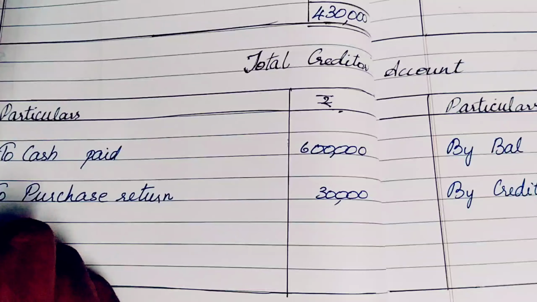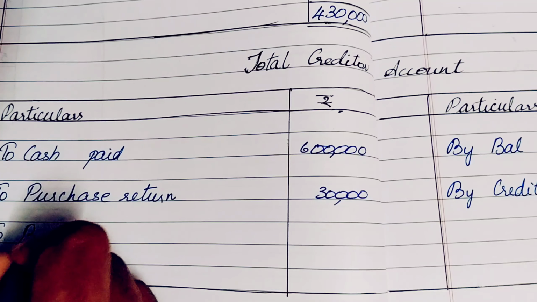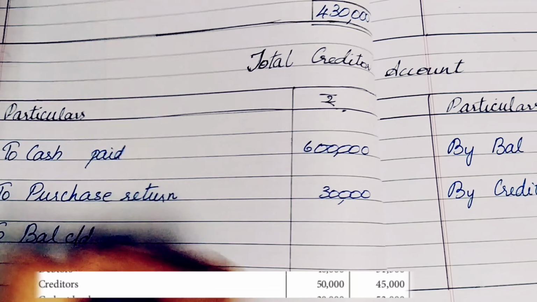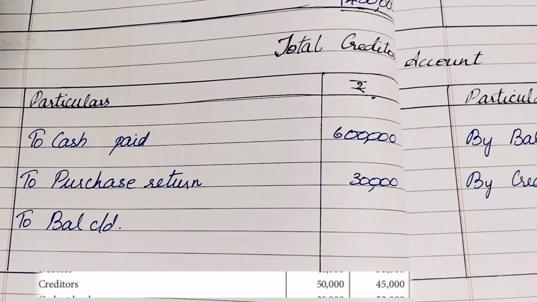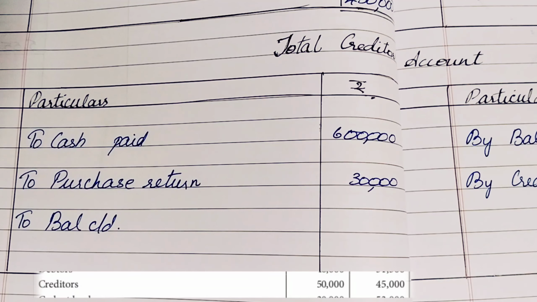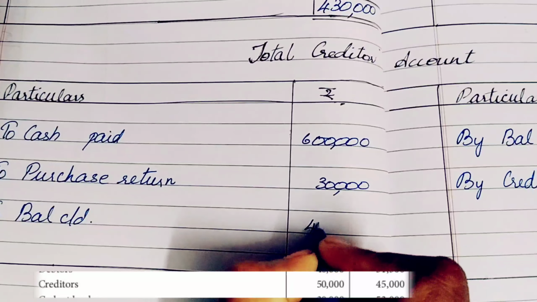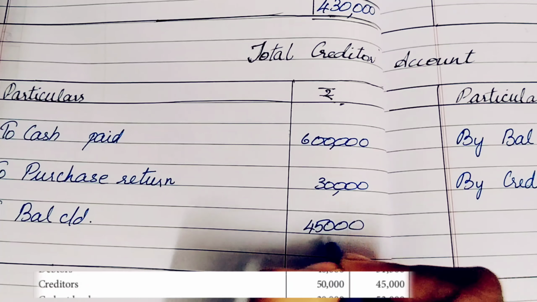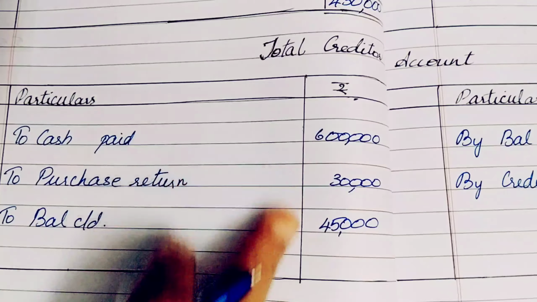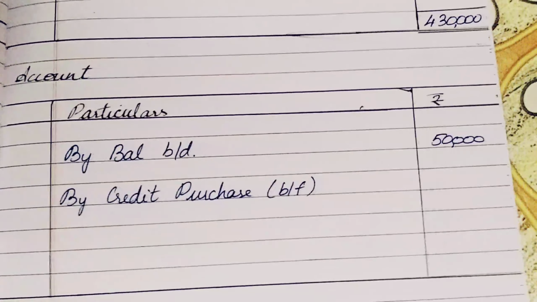And lastly, it is going to be the to balance carried down. The balance carried down given in the column 31/12/2018 is 45,000. So this is the last item. Now I must total the debit side and subtract the credit side to get my credit purchase.